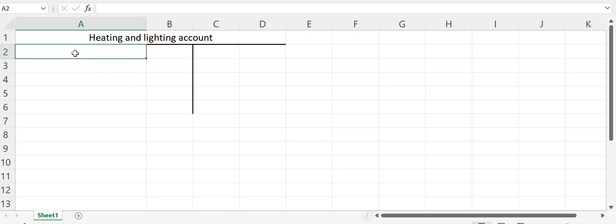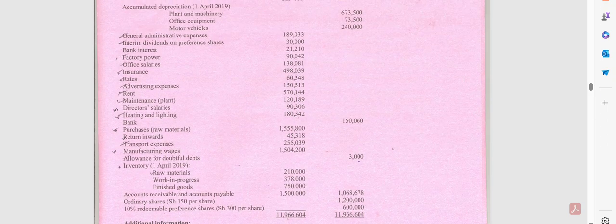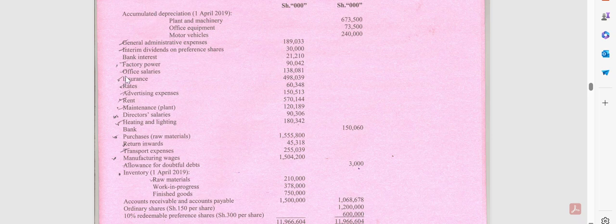Any figure that is in the trial balance for expenses should be recorded on the debit side of the T account and the narration should be paid. That means that's a figure that has already been paid for. So we go to the trial balance, we check for heating and lighting. That figure will be called paid. We've done this before. So heating and lighting, I have to check myself here. Heating and lighting, this figure is 180.